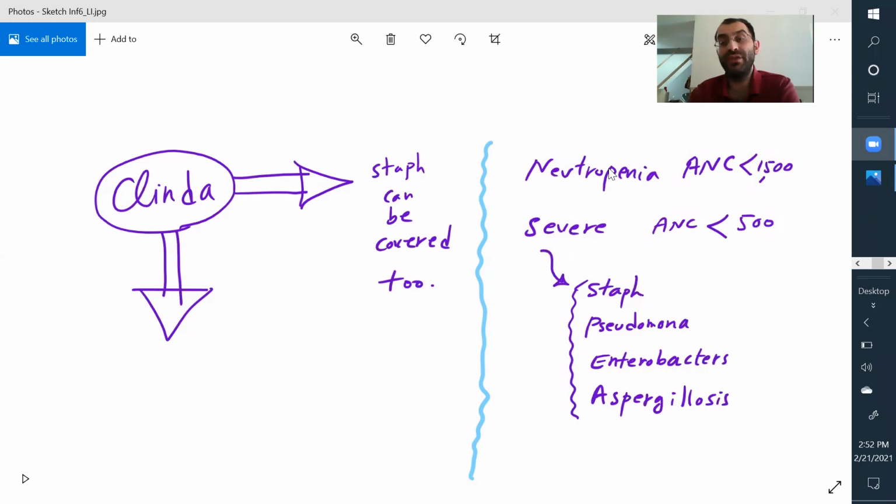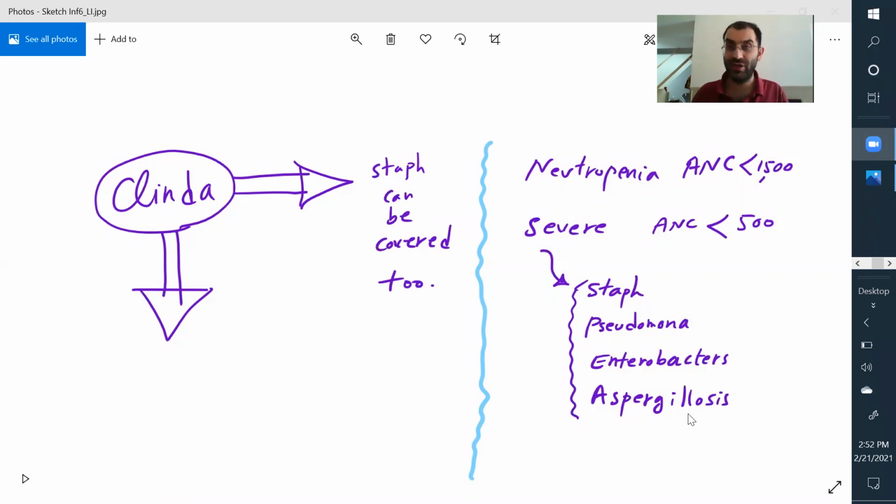What is severe neutropenia? Absolute neutrophil count less than 500. If my absolute neutrophil count goes below 500, that's severe neutropenia. Then I'm at risk of nasty germs, like staph infections, Pseudomonas infections, Enterobacters, Aspergillosis.